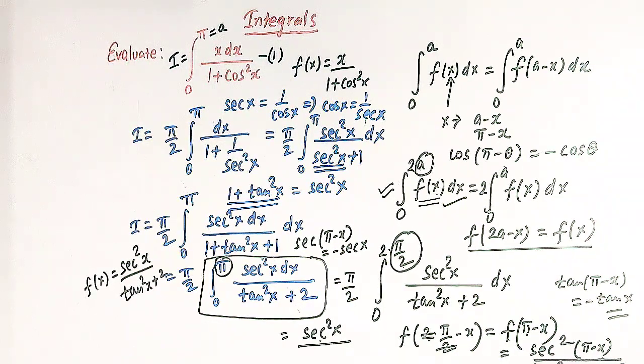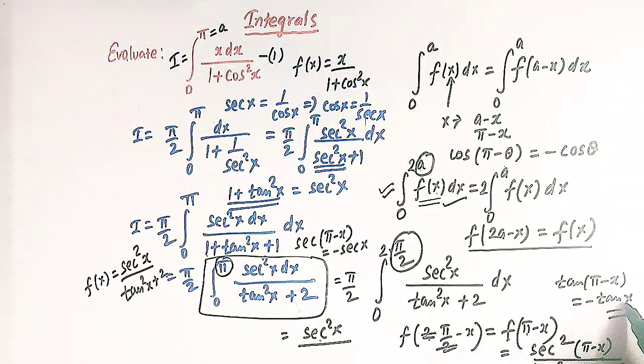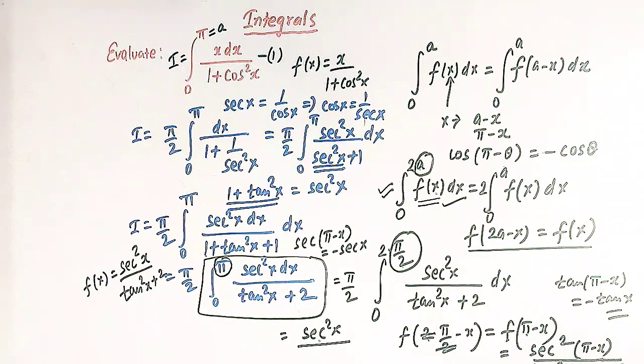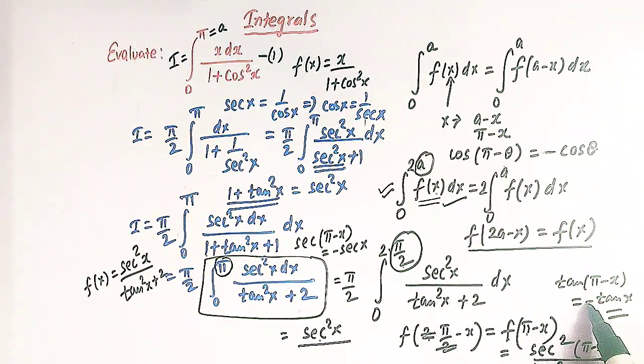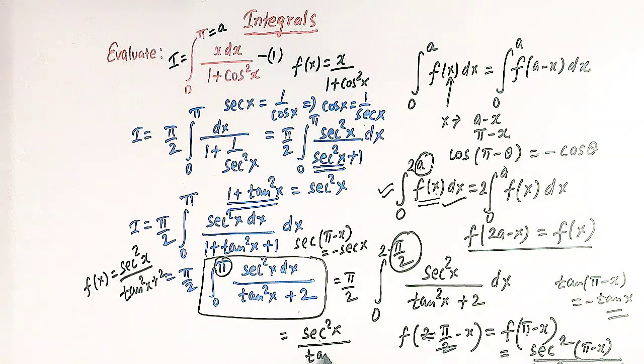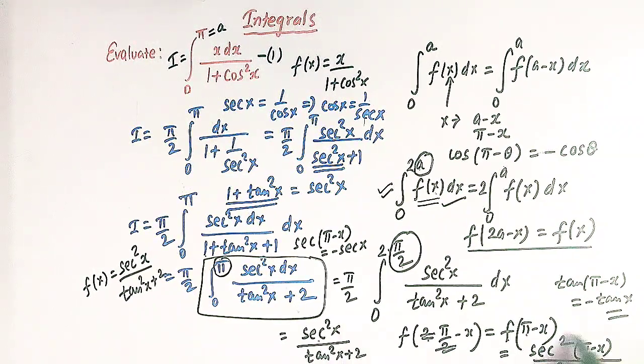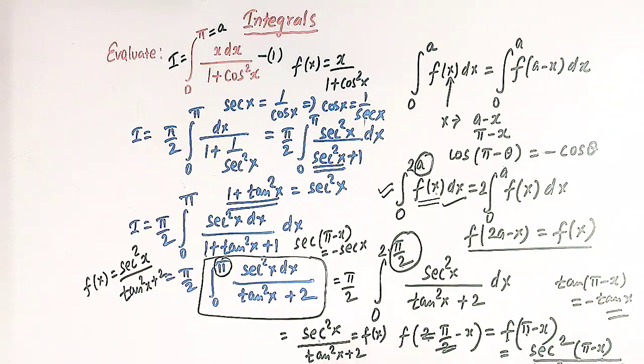Similarly tan of pi minus x is negative tan x, and when we square it, the negative sign becomes positive, so we are left with tan square x, and here we have 2. So this function is again equal to our original function f of x, right?